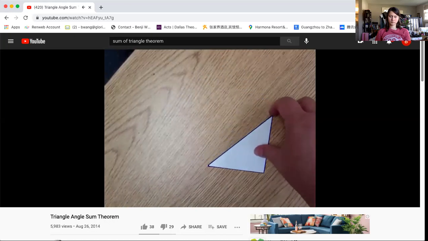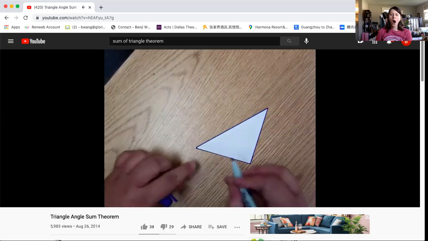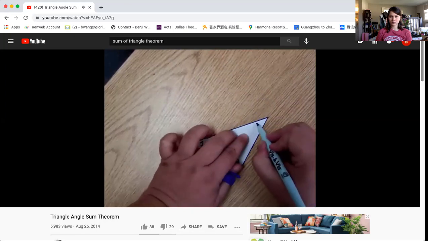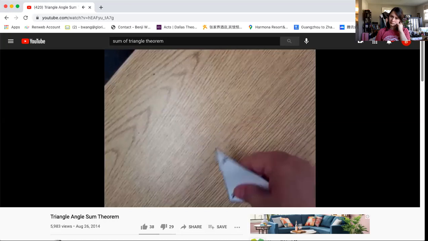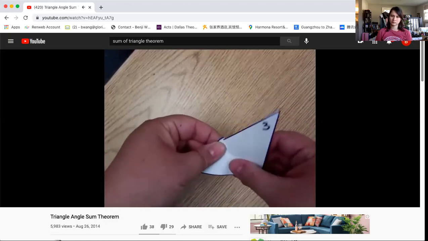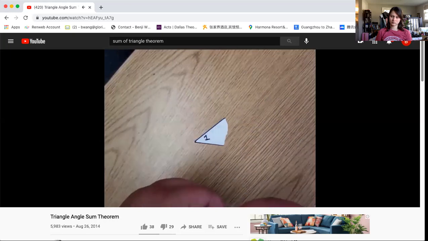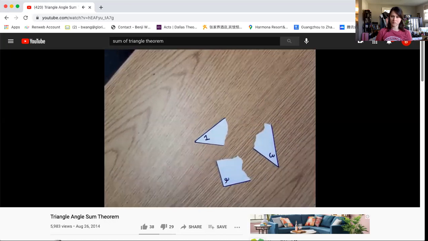I'm going to number them angle 1, angle 2, angle 3, and I'm going to tear up my triangle. I'm not mad at it, I'm just tearing these angles apart. So there's angle 1, and now let me tear apart angles 2 and 3. So I have the 3 angles of my triangle torn apart.